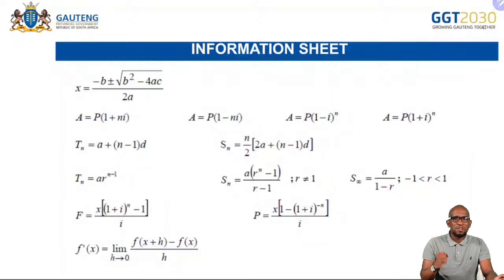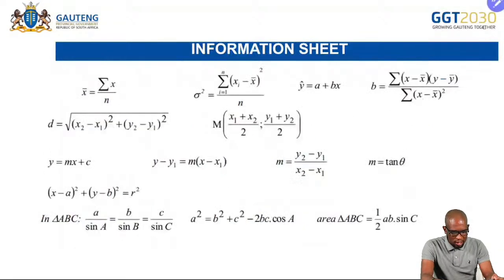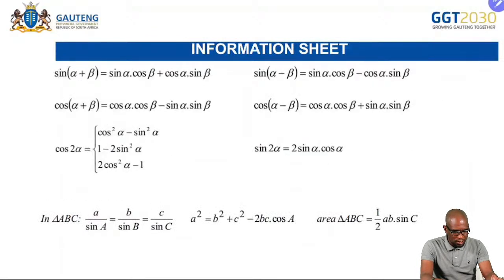It is very useful, especially in topics like trigonometry, where you have a lot of formulas that you can use. Here I have some paper 1 formulas, and then here you can see some paper 2 formulas, and then paper 2 continued. On this slide, it's only formulas for trigonometry.